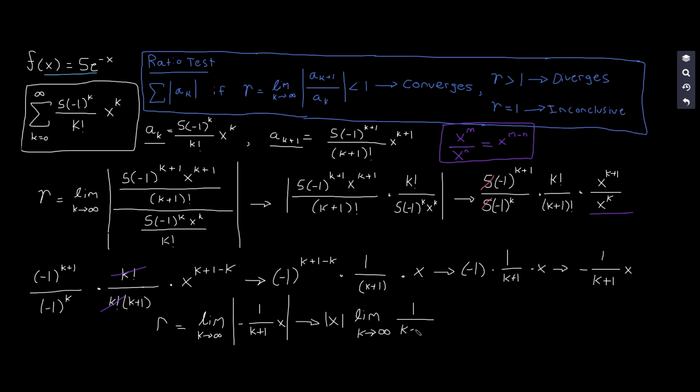Over k plus 1. So let's think about this. What happens as k approaches infinity? We're going to plug in larger and larger values for k, which means that 1 is going to get divided by bigger and bigger numbers, so it's going to become smaller and smaller.